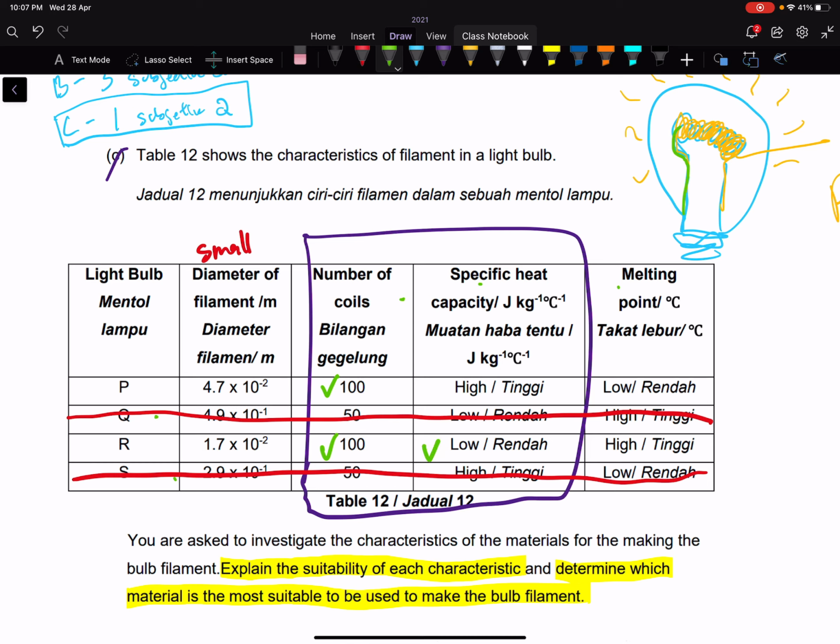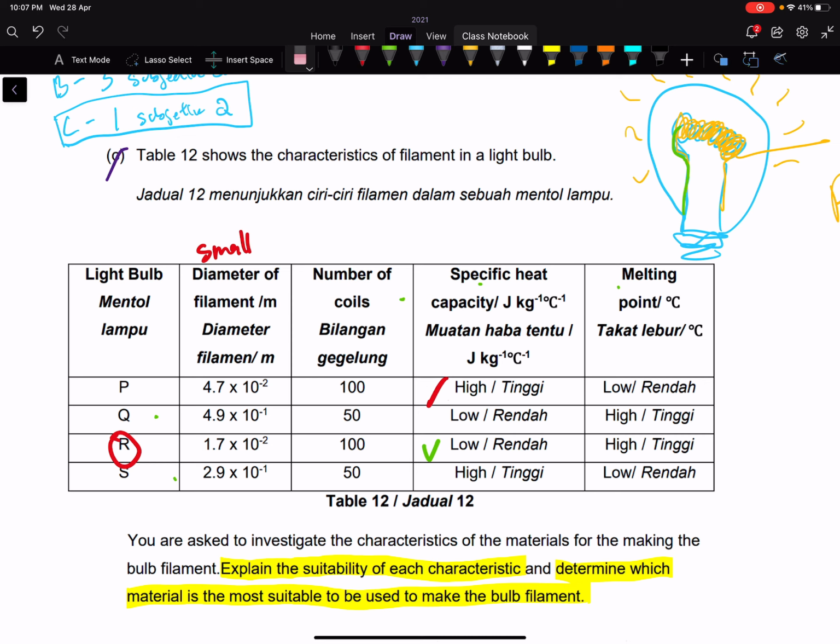We want to choose R because P has a high specific heat capacity, so we cancel P, and obviously the last choice is R. This is just so that you're able to decide which one to choose in a very short time.